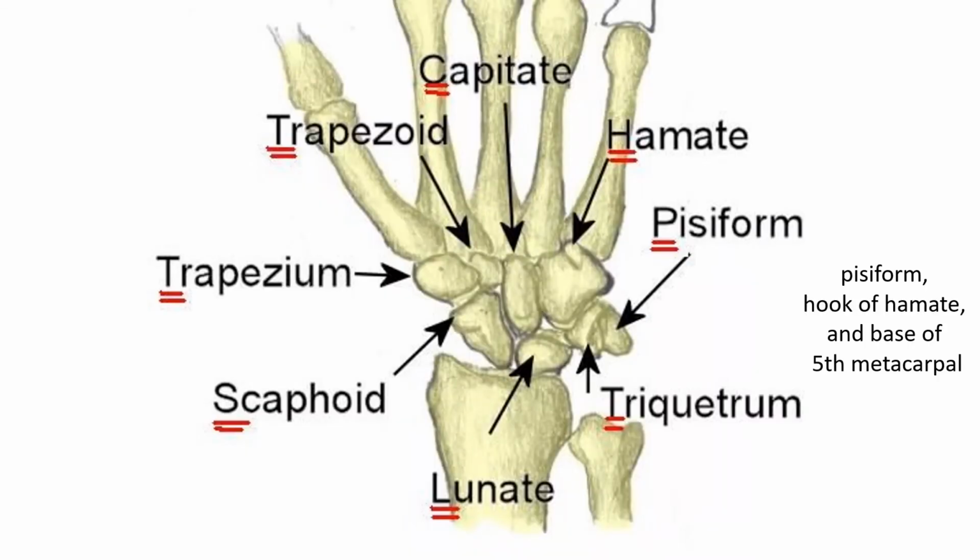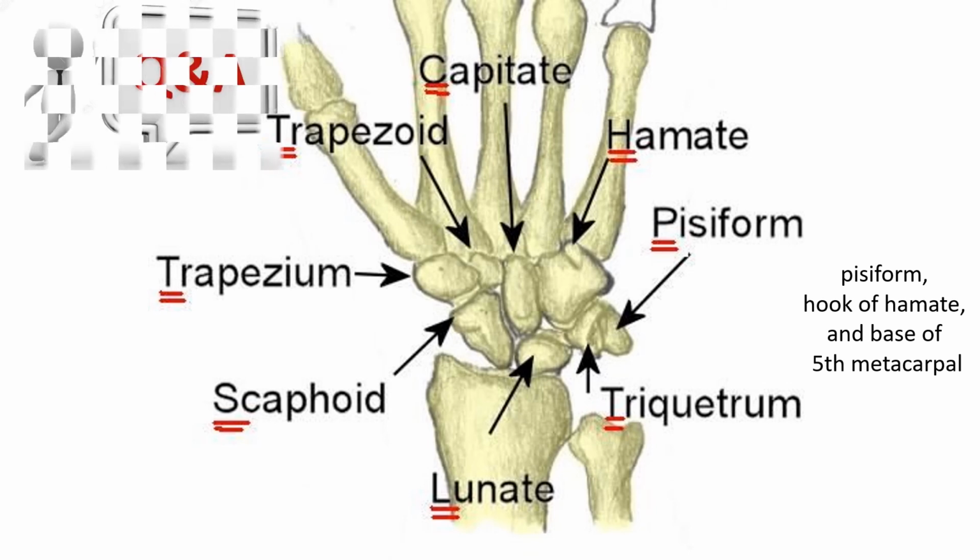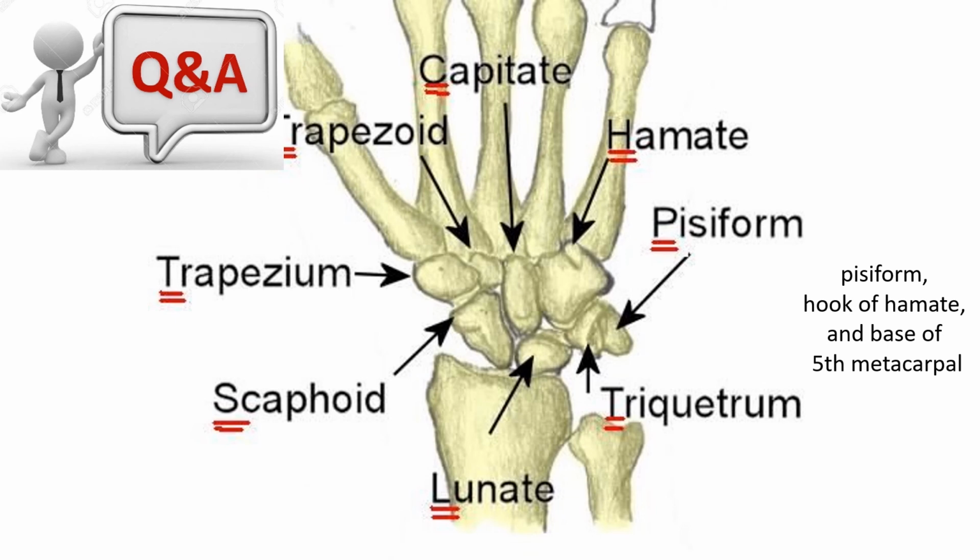You are familiar with this image. We have seen it several times. Now let's ask ourselves questions related to the flexor carpi ulnaris. This is the site of insertions of flexor carpi ulnaris.